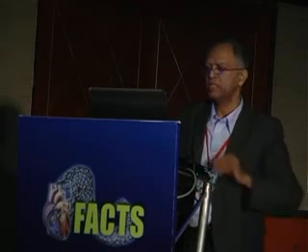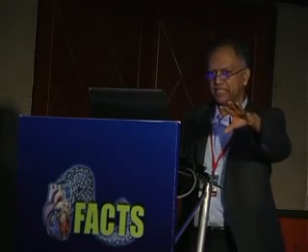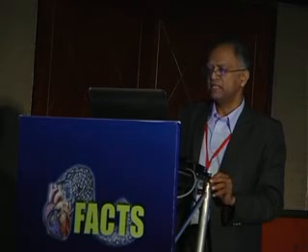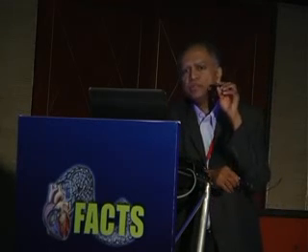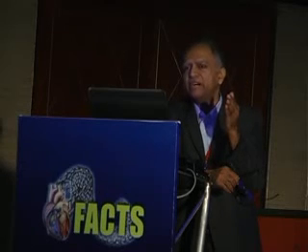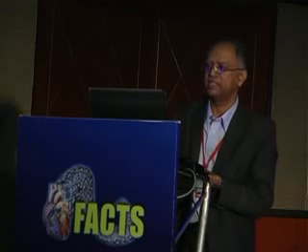The common error is, once you put in a CRT-D, you just believe what the rep has said as the out of the box setting, a VF zone. That is fine. But it has been clearly shown that inappropriate shocks in these patients cause worsening of heart failure, and they will die a heart failure death instead of sudden death.